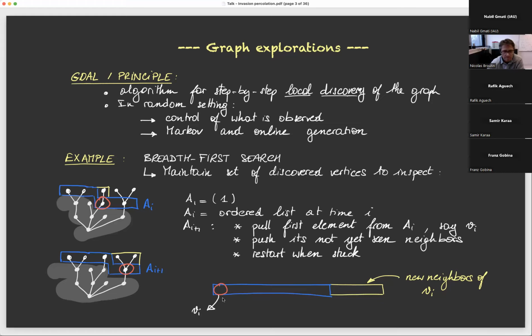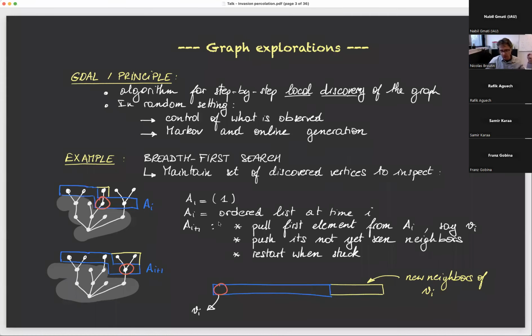Just a question, Nicolas, please. How do you choose the first node A1? Is it the most left, the most right node, or? So far, what I want is you start with A1, which is just 1, and you put them in order. So every time you take the first guy in the list, it's ordered.